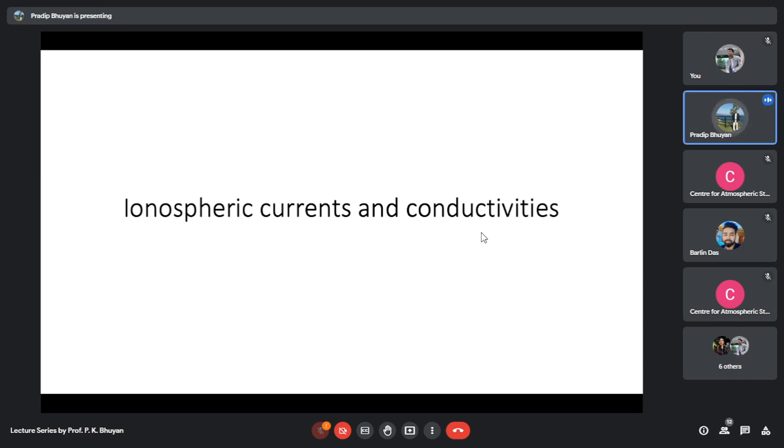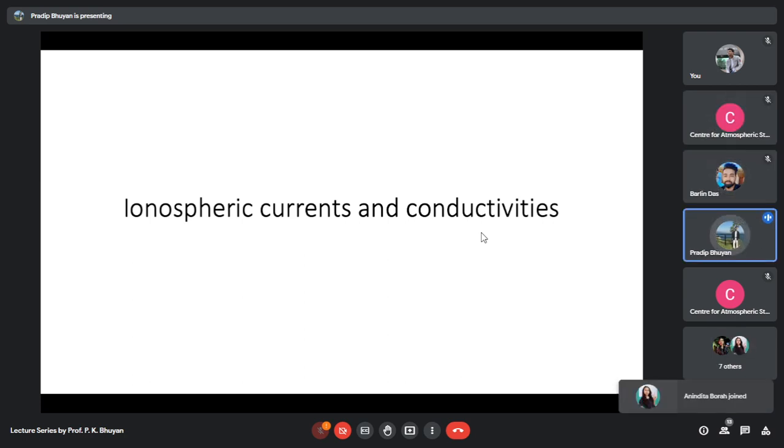Okay, so the ionosphere as such, as we have already seen, may have charge displacement or charge separation. Because it is a charged environment, charge separation is possible, either due to gravity or due to some other forces, and as a result, once the charge separation takes place, you have a current system within the ionosphere.